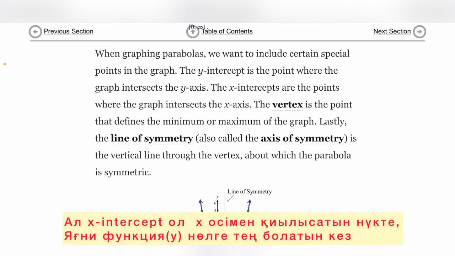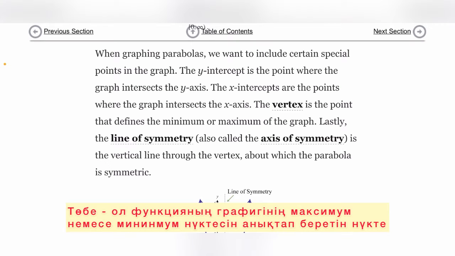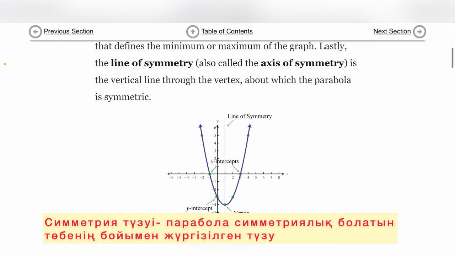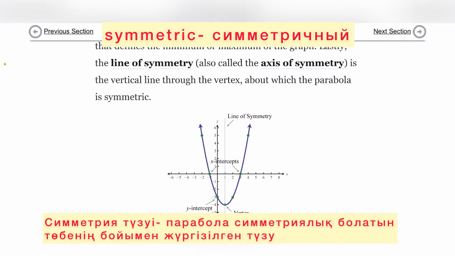The x-intercepts are the points where the graph intersects the x-axis. The vertex is the point that defines the minimum or maximum of the graph. Lastly, the line of symmetry or axis of symmetry is the vertical line through the vertex about which the parabola is symmetric.